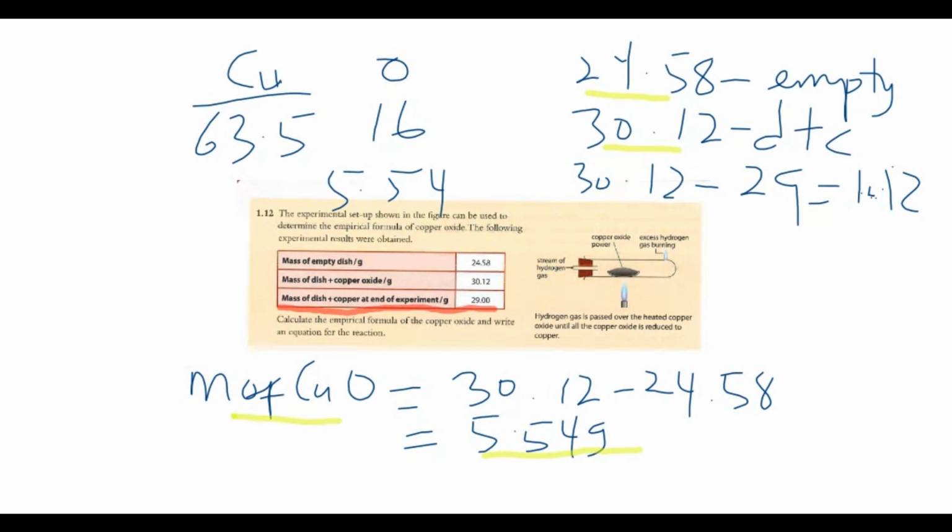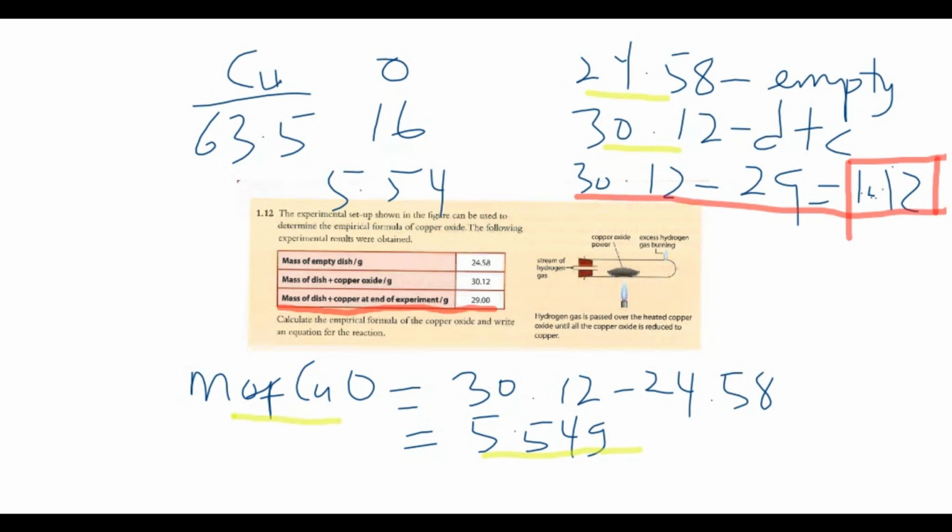When we do a simple subtraction between the mass of the dish plus copper oxide and the mass of the dish plus copper at the end of the experiment, what we get is 1.12 grams. That's going to be our mass of oxygen that escaped.